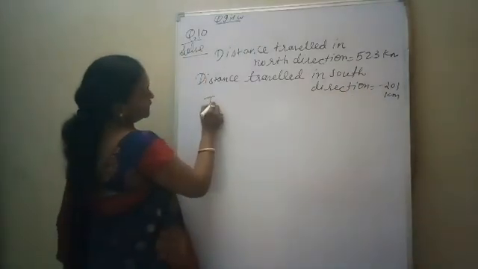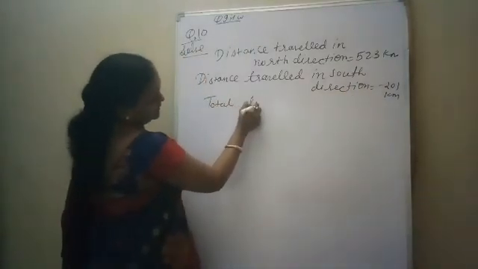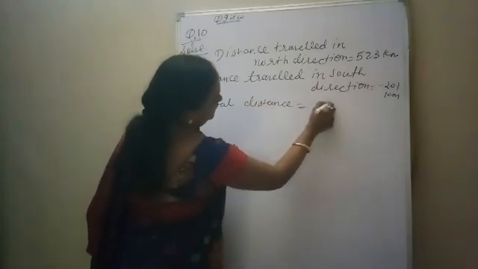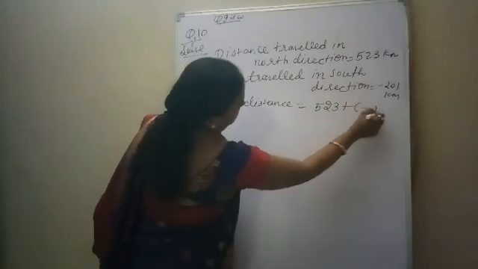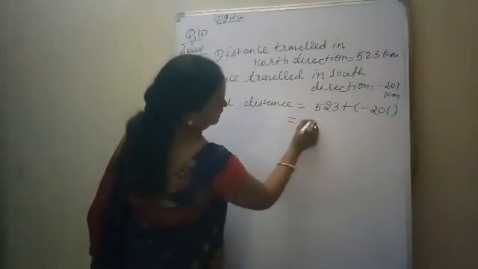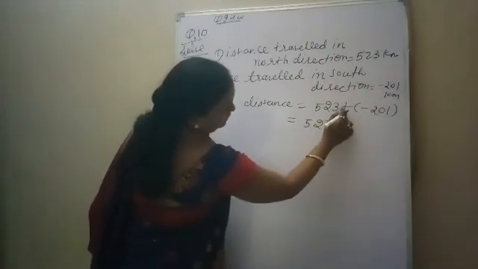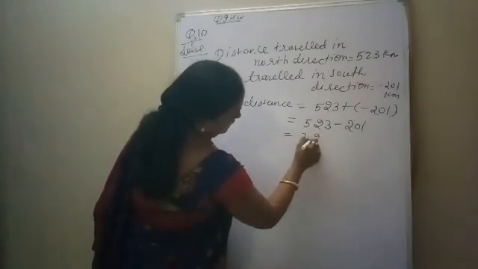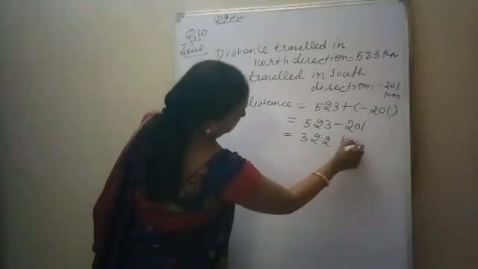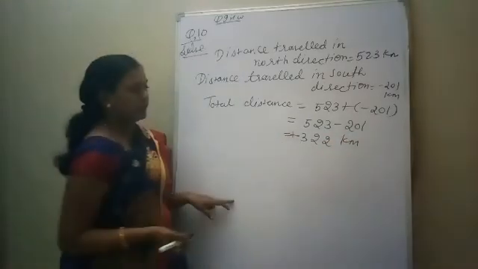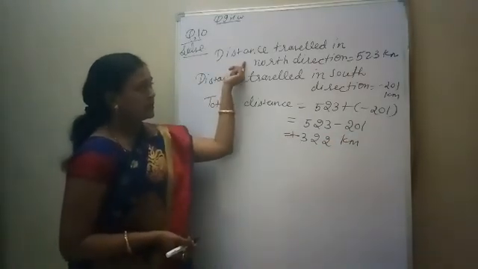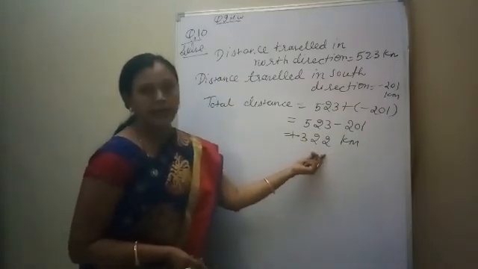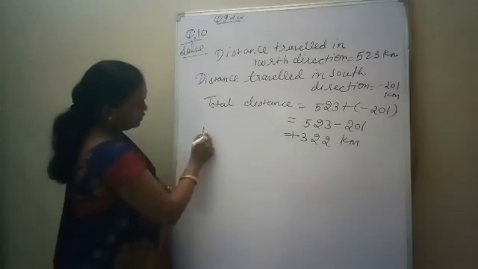So the total distance is 523 km plus minus 201. When we do plus and minus, our answer is 322 km. It means the bus is 322 km from Bangalore.